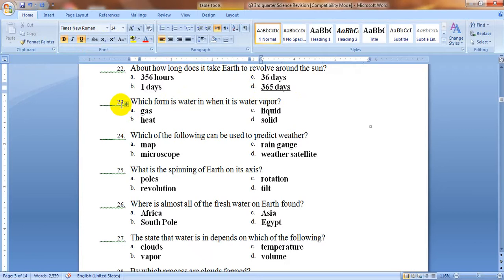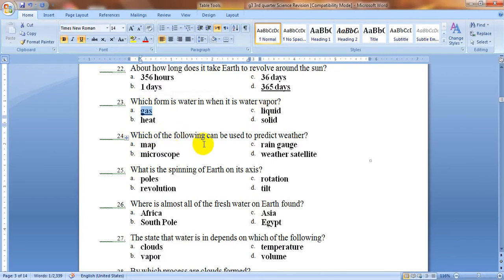Question number 23. Which form is water in when it is water vapor? Water vapor is gas, heat, liquid, or solid? Of course, it is gas. The next question, 24.